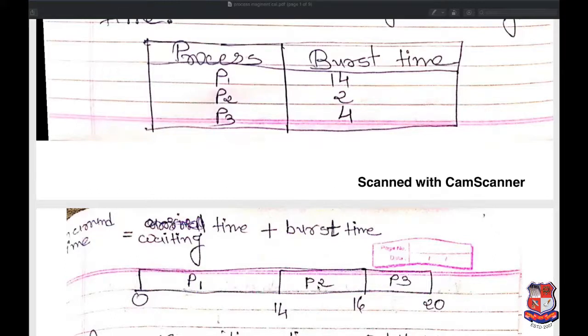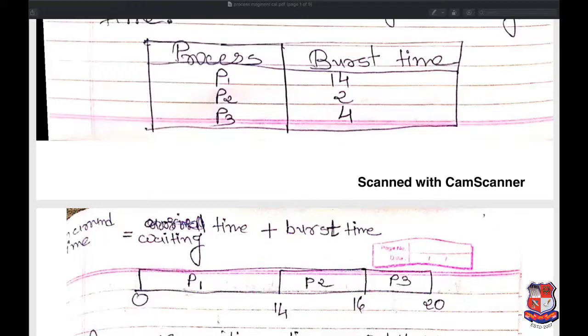So the end time of P2 is 16. And for P3, the burst time, run time, and execution time is equal to 4. So 16 plus 4 is equal to 20. So the starting value of P3 is 16 and the end value of P3 is 20.